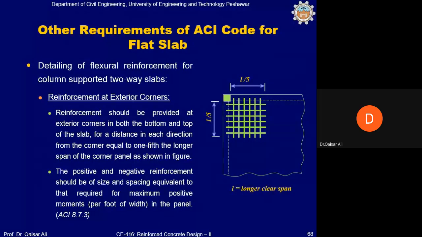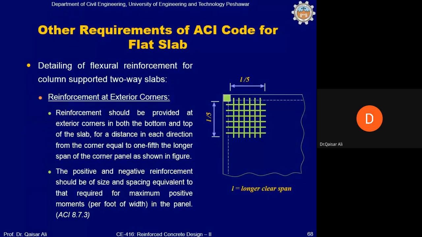There is another requirement of the code which says that in the case of a corner panel of the overall slab system, the extreme corner, reinforcement both on the top side of the slab and bottom side of the slab shall be provided as per the given requirement of the code.